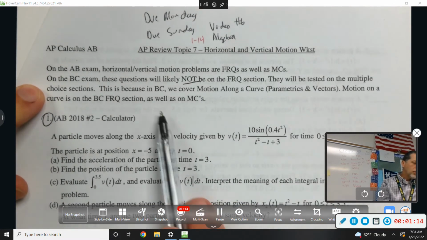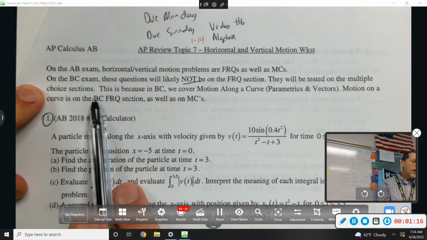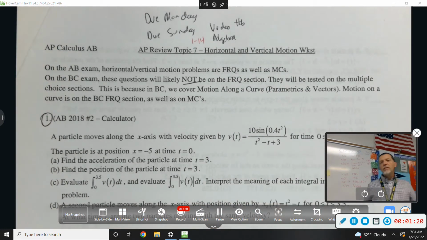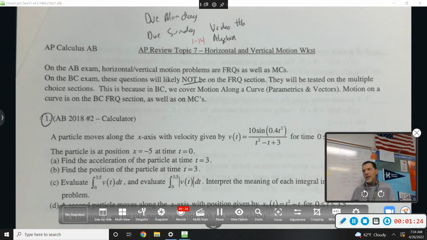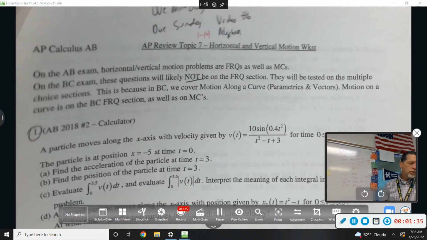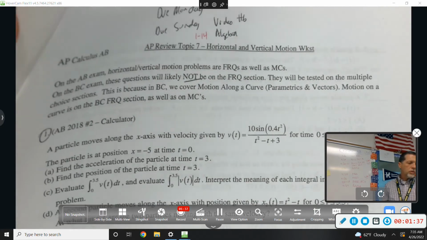They'll be tested on multiple choice sections because in BC, basically they cover more advanced motion stuff. And so the basic motion stuff doesn't appear on free response questions for them, but it does for us. And so we can look at number 1 and do that one. Number 2 is similar, so we'll just do number 1.